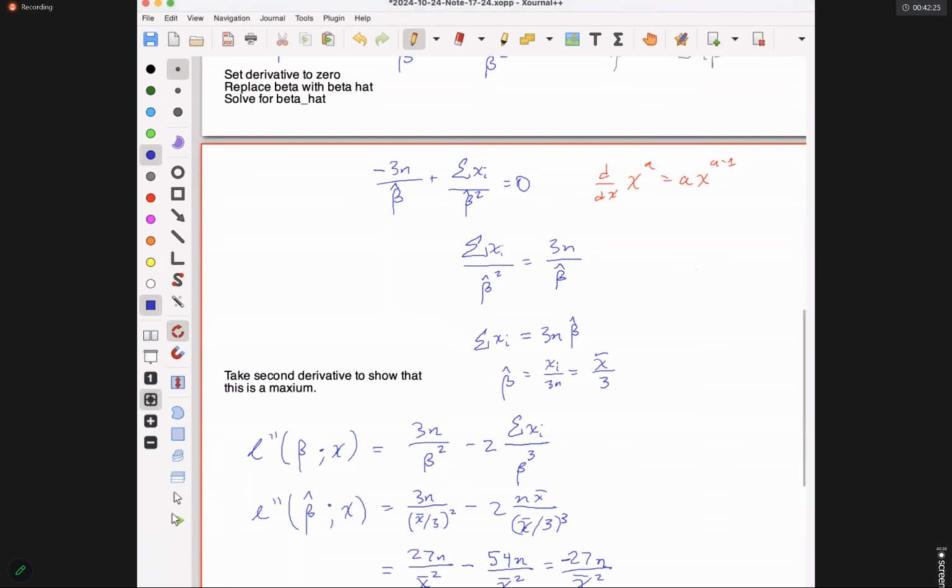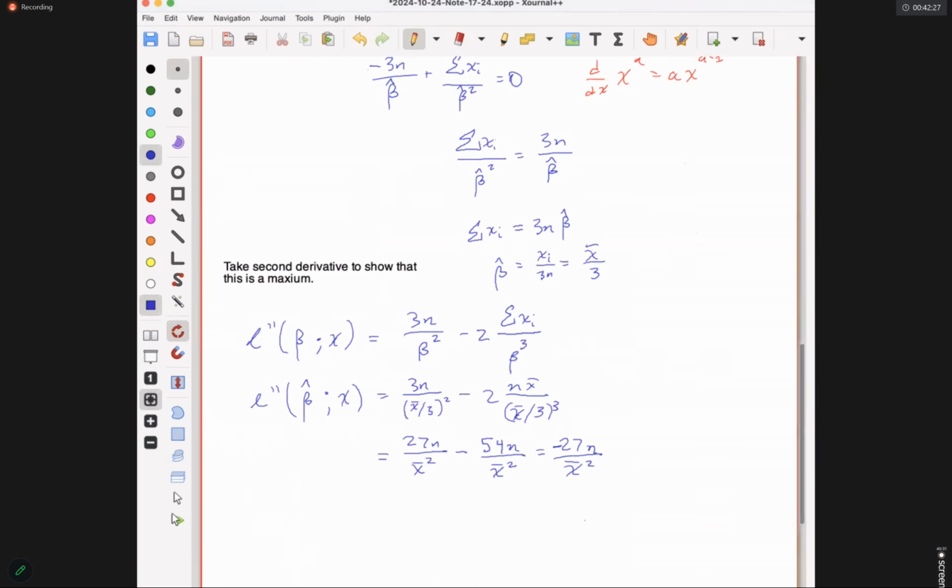It's negative, because 27 is negative, n is positive, and x bar squared is positive. So this is less than 0. And so beta hat equal to x bar over 3 is the maximum likelihood estimator for beta.